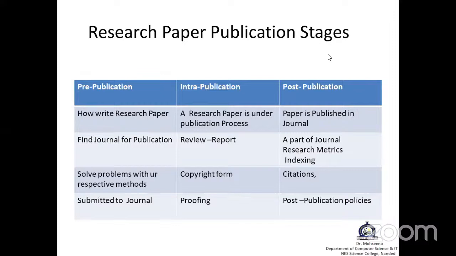It is very important, and the same may come in the coming examination also. The paper's journey starts from pre-publication to inter-publication. Inter-publication deals with your publisher, and in post-publication your manuscript becomes your journal article, with all the detailed information.